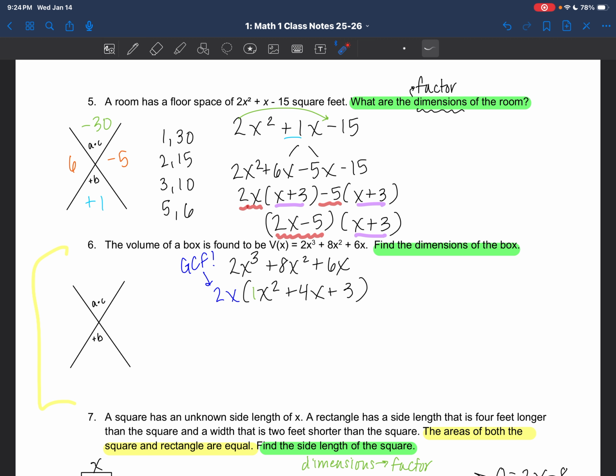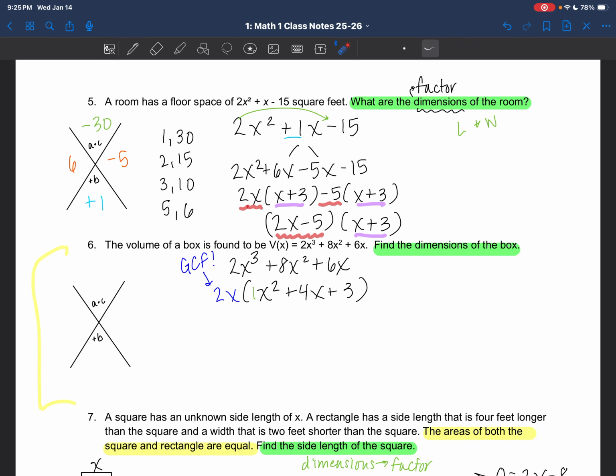So here it says a room has a floor space of 2x squared plus x minus 15. We want to know the dimensions. So if you want to know the dimensions, you want to know what the length and the width are. So we're looking for length and width. All right. And to do that, we need to factor.